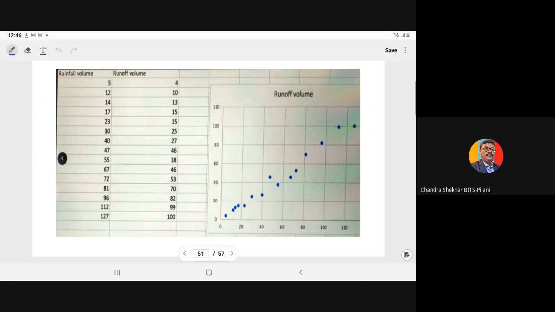So here we have the data. When we plot this data, we have the scattered data of runoff volume against the rainfall volume.